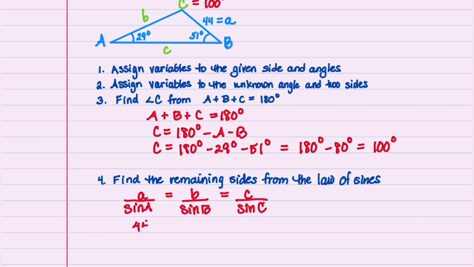A is 44. Capital A is 29 degrees. And then B is what we don't know. And then we have sine of capital B, which is 51 degrees. And then C over sine of 100 degrees.